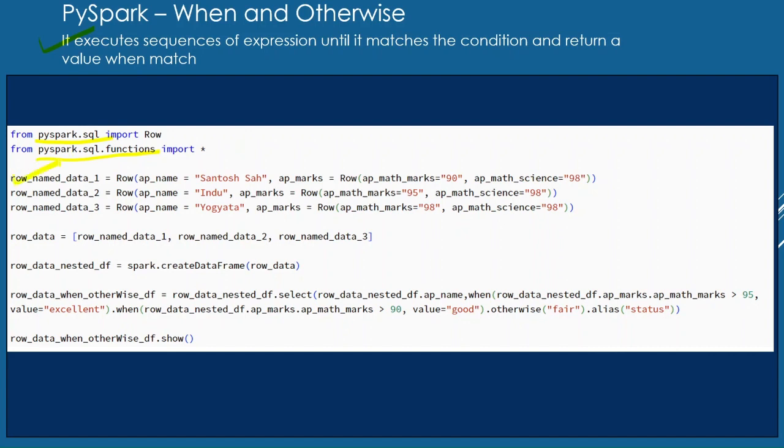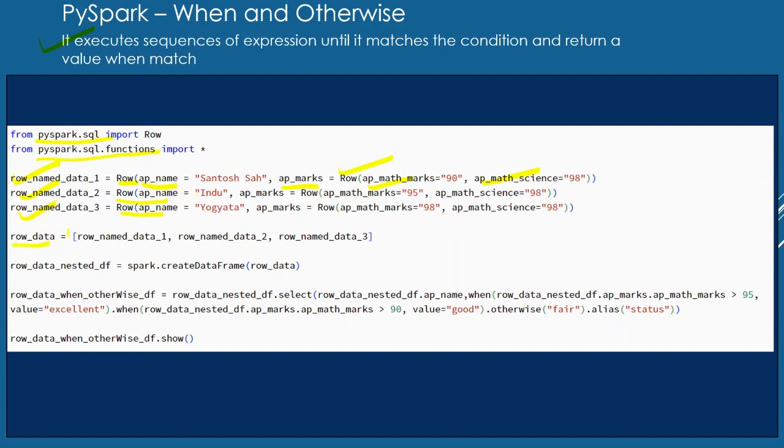Here we are creating three named Row objects with the help of the Row function, and the parameters are ap_name and ap_marks. ap_marks is again a Row struct type which I am creating with the Row function, and the parameters are ap_math_marks and ap_science_marks. So these three named Row objects I am creating here.